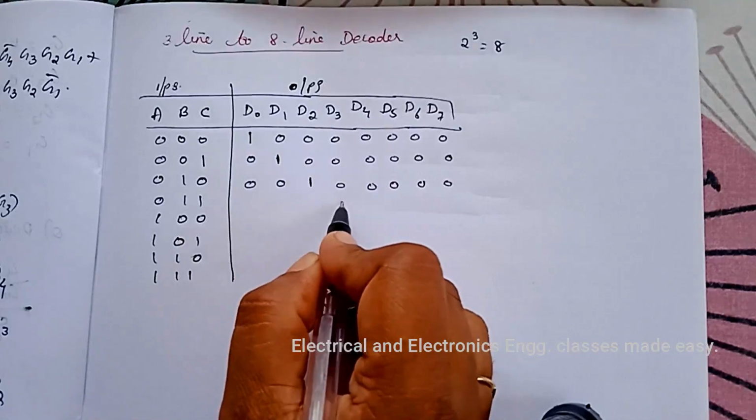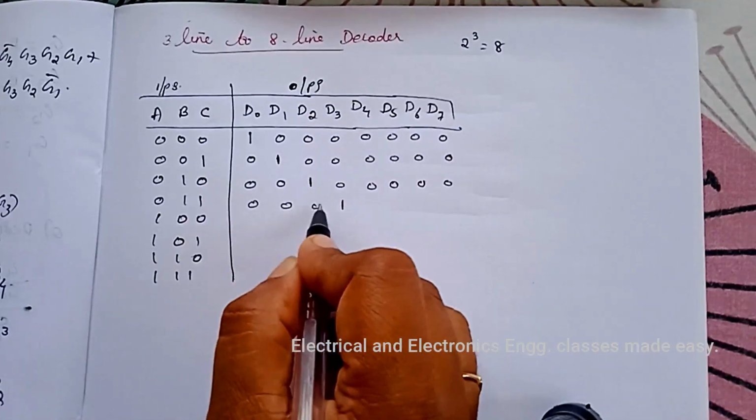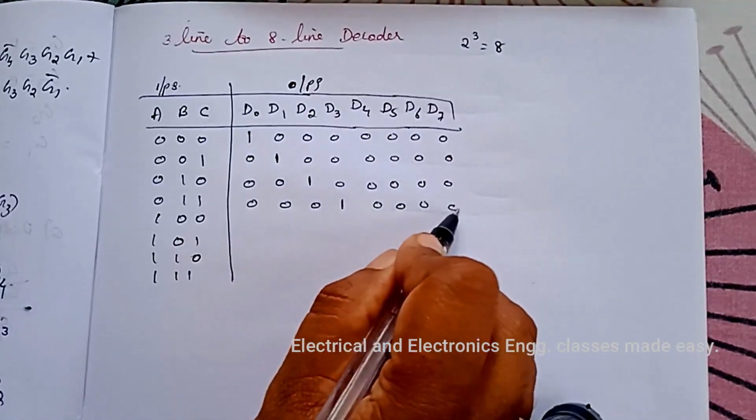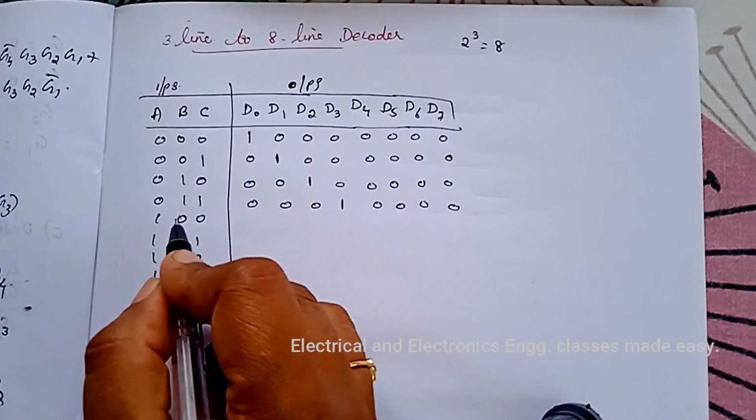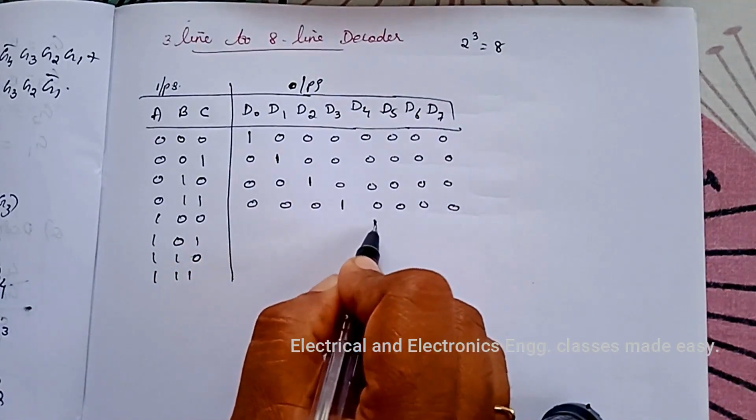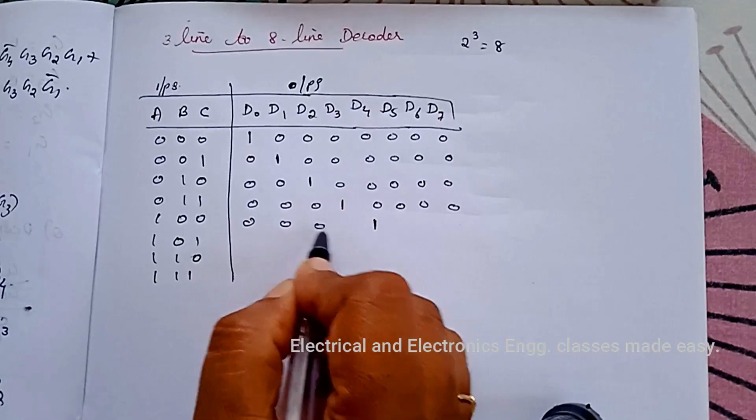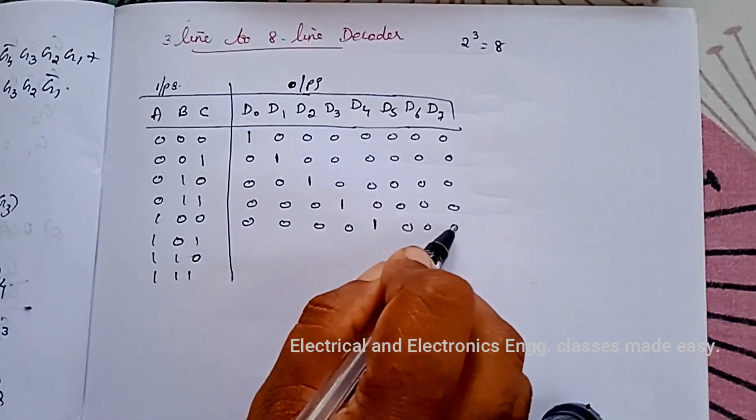For the next, D3 is high and the others are 0, and for 1, 0, 0, D4 will be high and all other outputs will be 0.